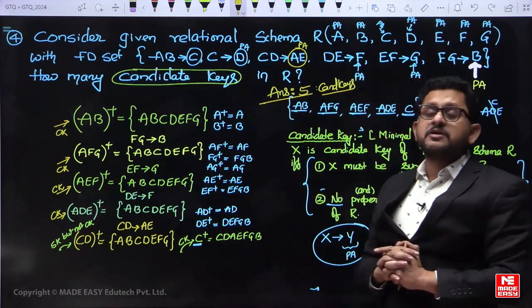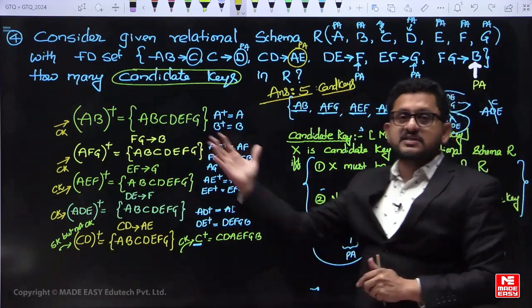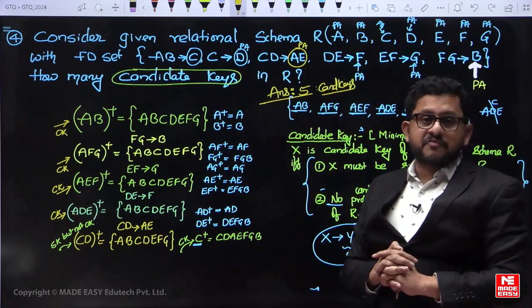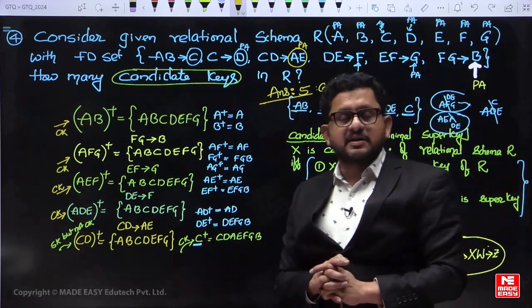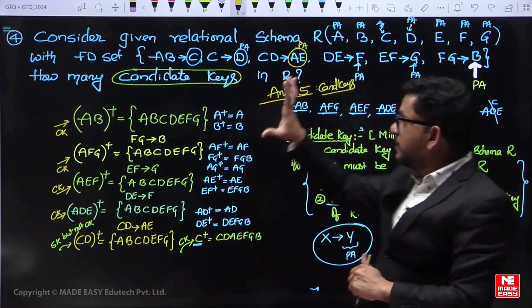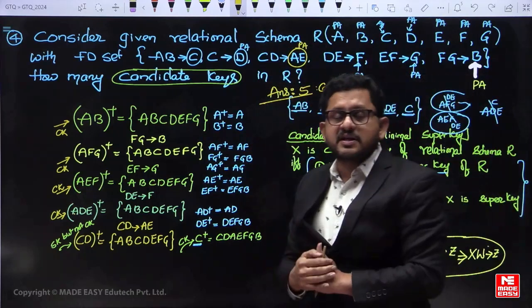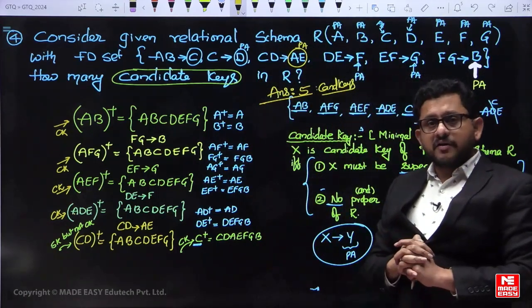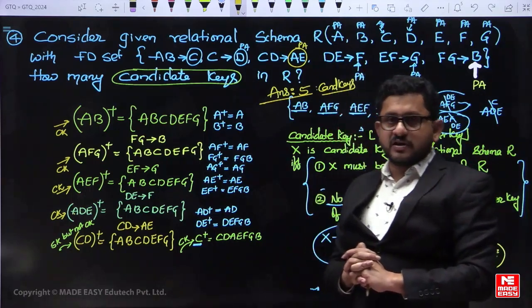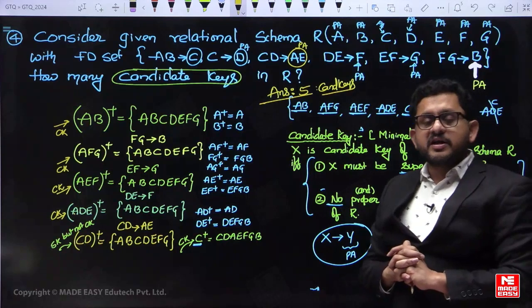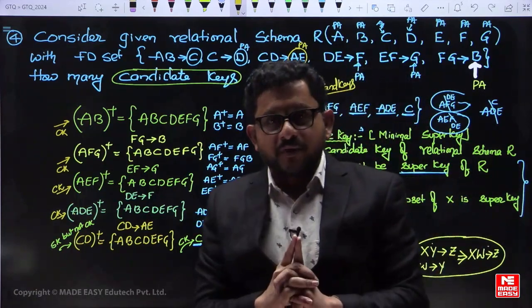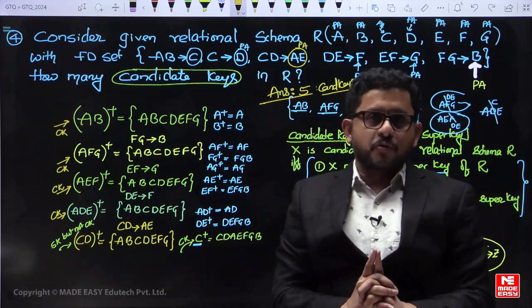If too many attributes are given, 16 or 17 attributes, and many random FDs are given, not in one proper sequence, then definitely it takes a lot of time to find all the candidate keys of the given relational schema, because finding candidate keys is an NP-complete problem, an exponential time complexity problem.